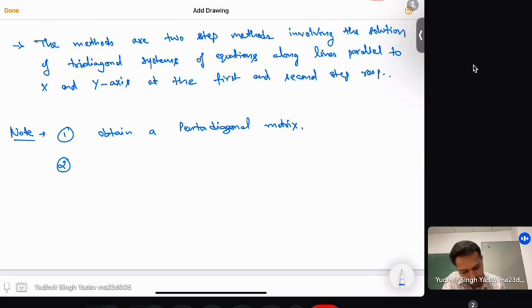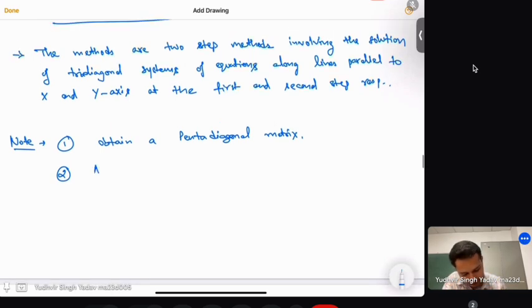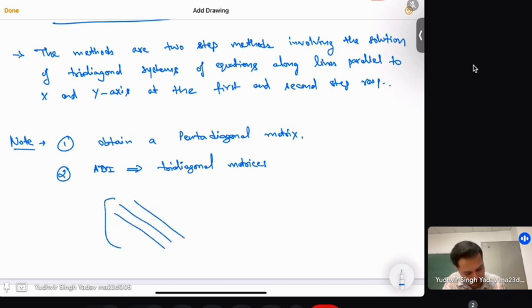So the ADI methods will result in tridiagonal matrices whose form is like this.